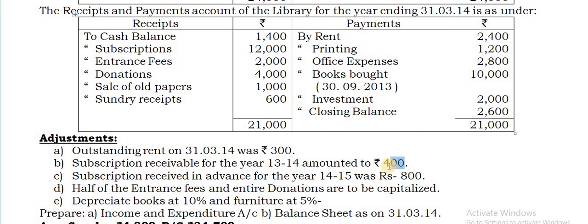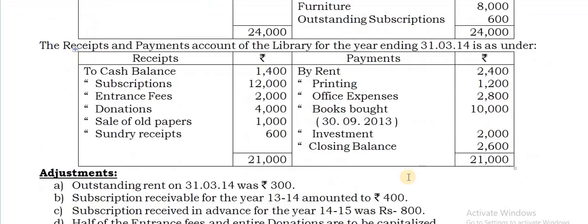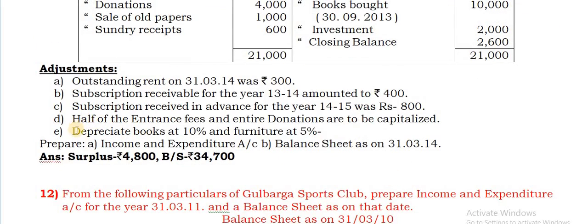Income and expenditure account credit side one entry, balance sheet asset side second entry. Then this amount subscriptions in advance, minus. Income and expenditure account credit side minus one entry, again will appear in the balance sheet on the liability side. Then depreciation, this you can understand.